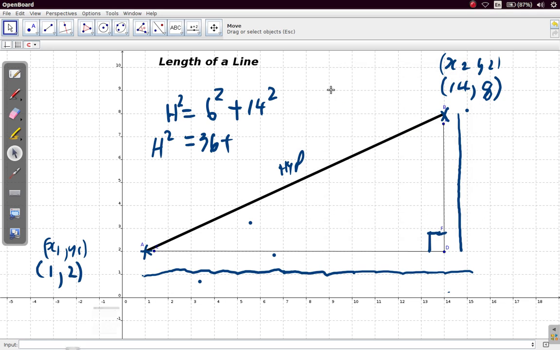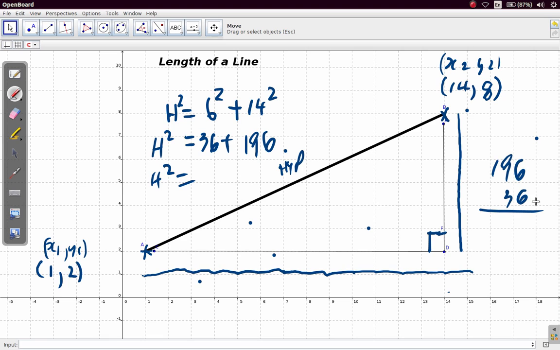Good. So h squared equals 196 plus 36. 6 and 6 is 12, bring down the 2, carry 1, 9 and 1 is 10 and 3, 13, bring down the 3, carry 1, 1 and 1 is 2. 232 when we add them. Now, this is h squared.